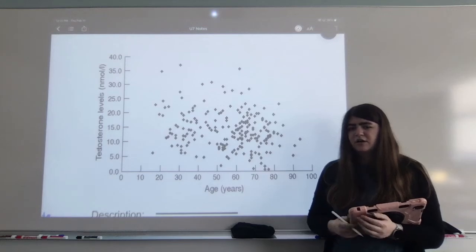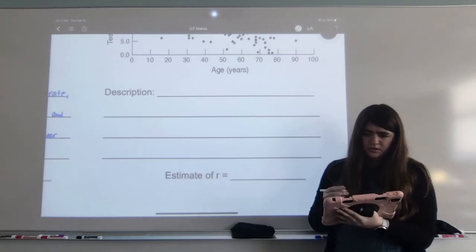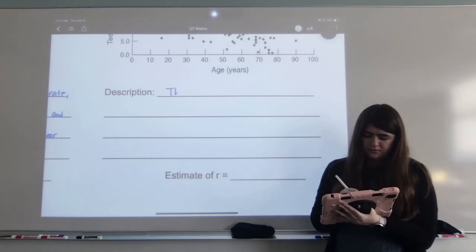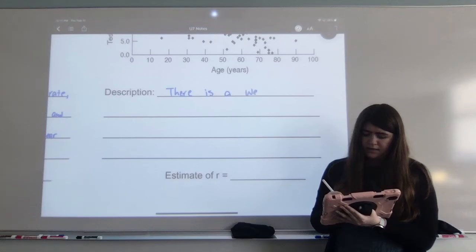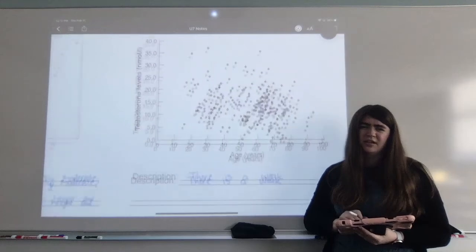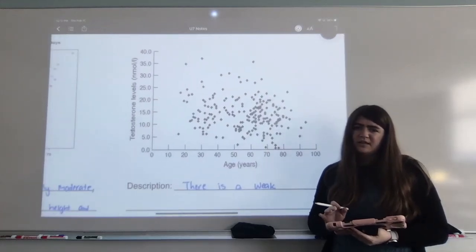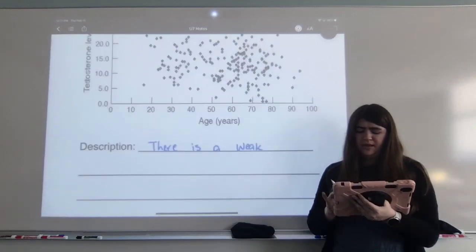So let's call this in our description. There is a weak, and I'm just kind of thinking about it, just looking at this graph, it's really not curved, so I'm still going to call it linear, but it's not much of a line.